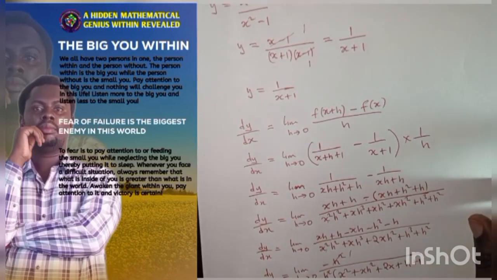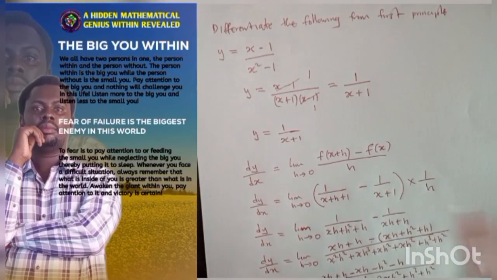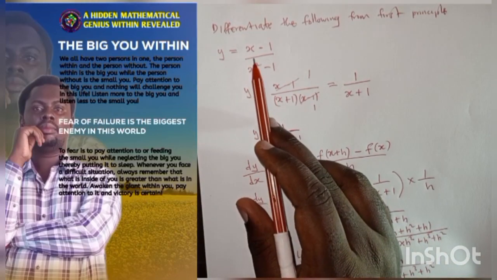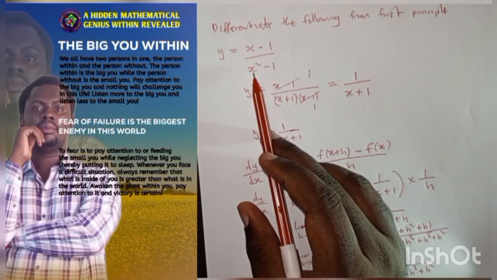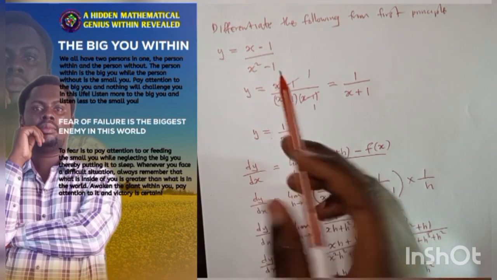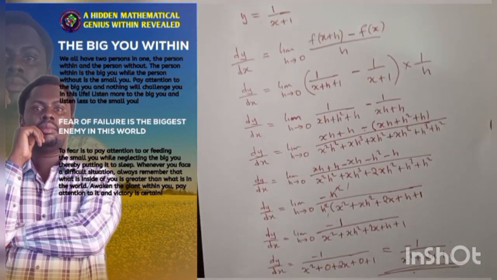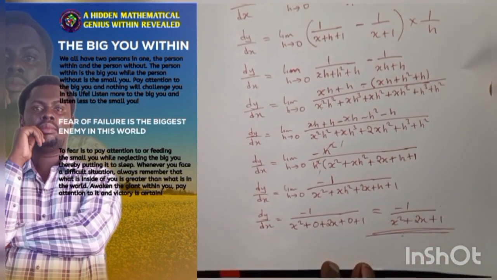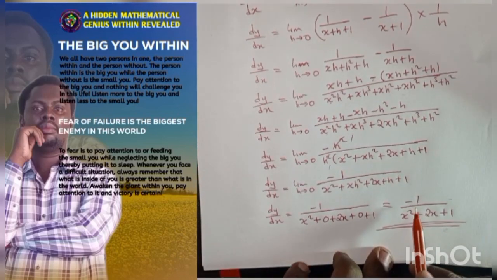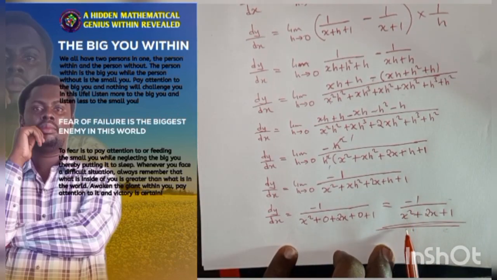So this was the question. It was y is equal to x minus 1 over x squared minus 1. So from first principles, that is our answer. That is minus 1 over x squared plus 2x plus 1.